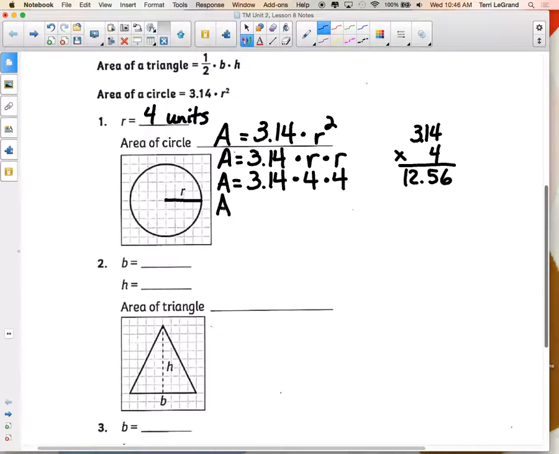Anybody want to disagree? Okay, so we are replacing basically then, we're going to take this 3.14 times 4. That's what we just did. We did that multiplication, and now that we say is 12.56. And now there's still a times 4 left that we have to bring down. So now we get to do some more multiplication. Now we're going to take our 12.56 times 4 and see what we get.